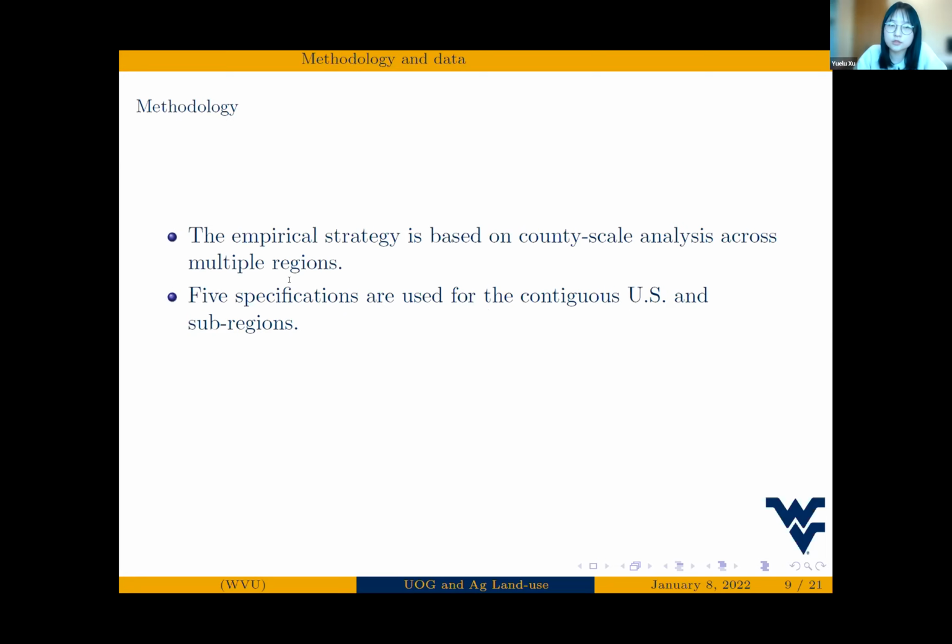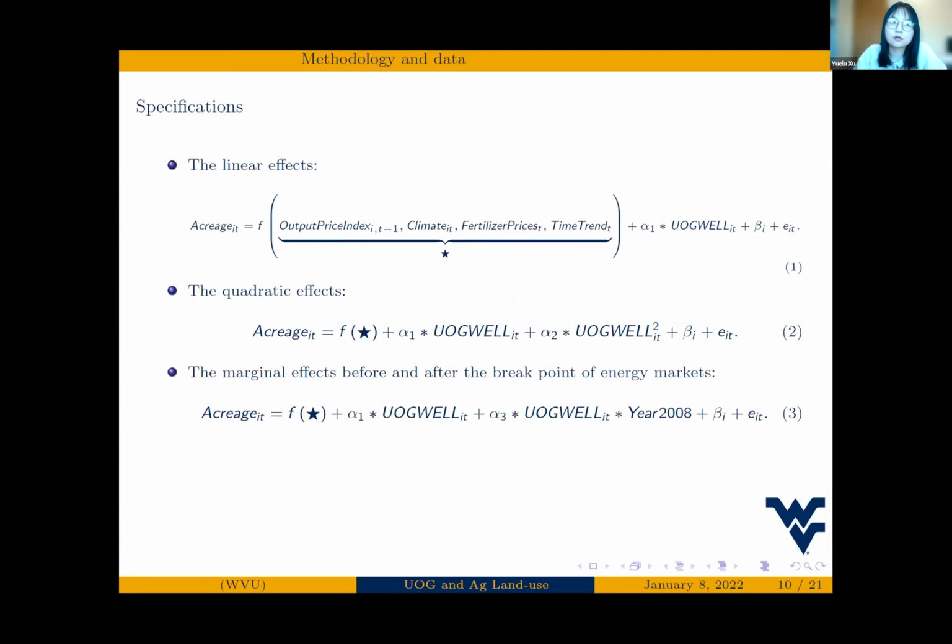To solve the research question, the empirical strategy is based on county-level analysis that assures data availability, including land use change, UOG development, climate variables, and input and output prices across multiple regions. There are a total of 5 specifications applied to examine the impacts of UOG production on agricultural land use.